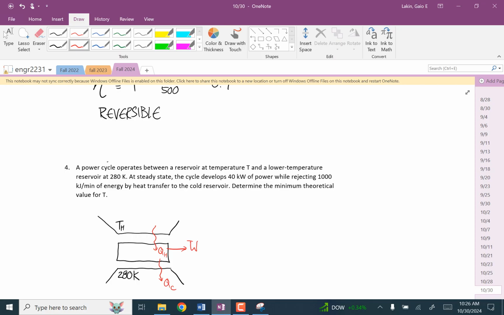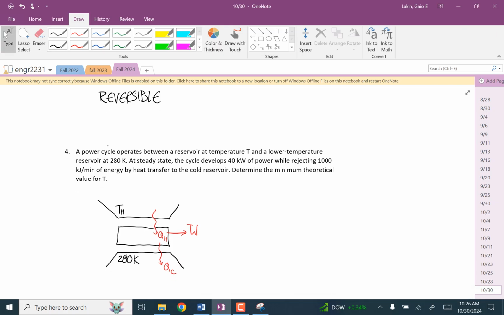And we know that this cycle has to develop 40 kilowatts of power. So our W dot is 40 times 10 to the third watts. And our QC dot is per minute. That's a pain.